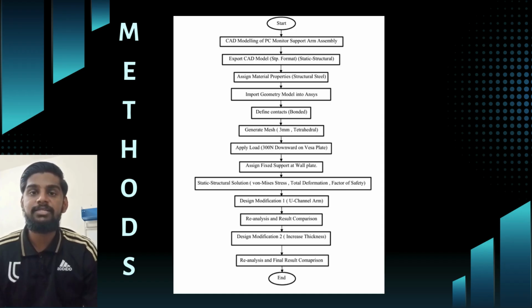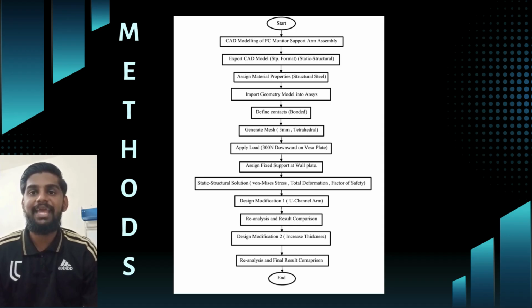For mesh generation, a 3 mm tetrahedral mesh was used. This mesh size was selected as a balance between accuracy and computational efficiency, and tetrahedral elements were suitable due to the complex geometry of this assembly. After analyzing the base design, the same mesh settings, material properties, boundary conditions, and loading conditions were applied to the improved designs.